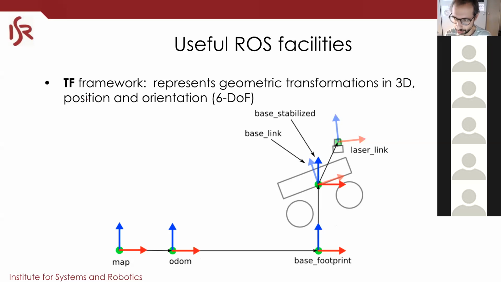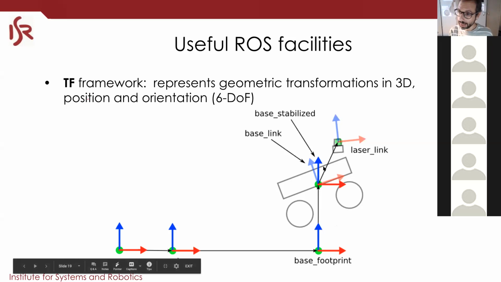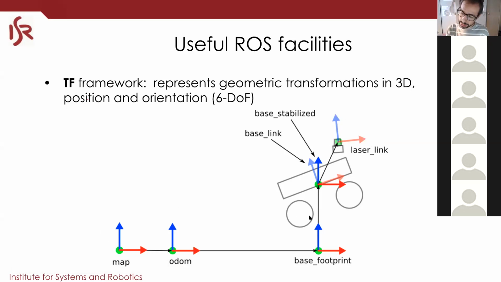So you broadcast transformations. These transformations are between two frames, okay, and they represent this arrow. And you can query any pair of transformations. So this tree that you can see over here can be published by multiple nodes. So different nodes can publish different transformations to the same TF tree.